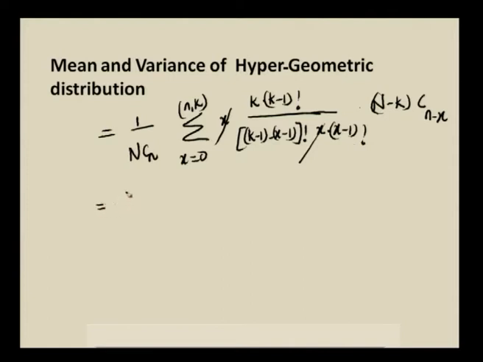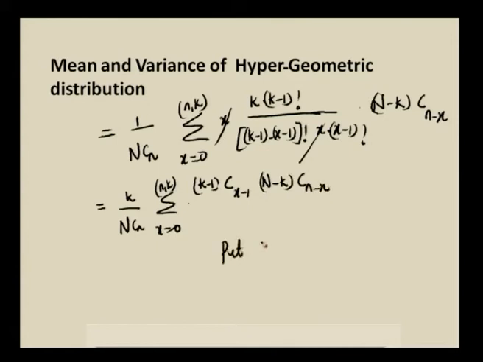Okay. So, k comes outside, NCn, summation x equal to 0 to n comma k, and you have (k minus 1) C (x minus 1), and you have (N minus k) C (n minus x).